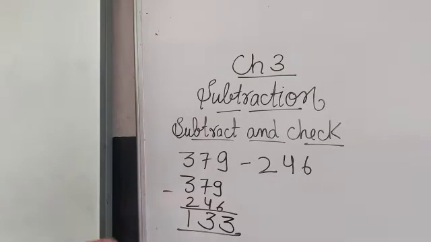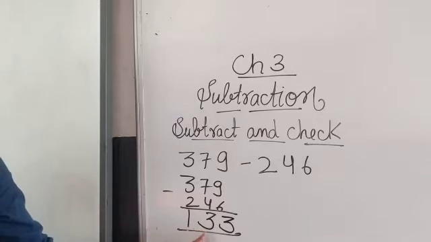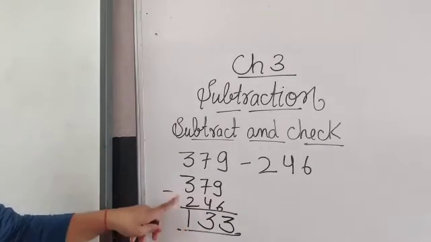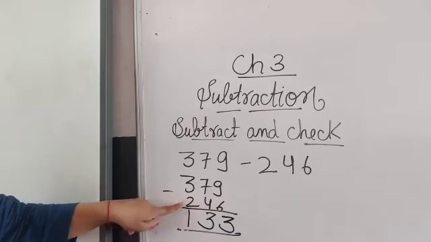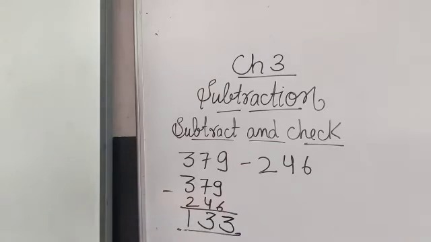Now, to verify that your answer is right, add the difference to the subtrahend. Add both and you will get the minuend. If you do not get the minuend, then your answer is not correct.